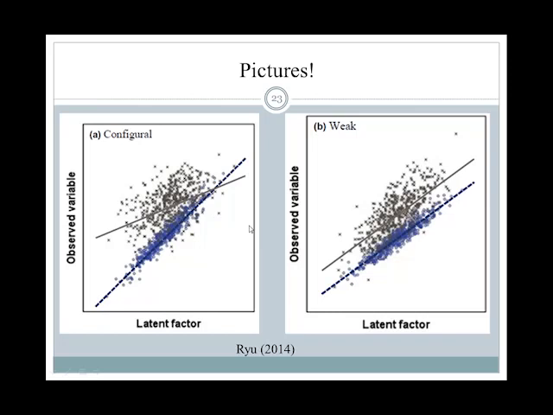So the term weak is here because people sometimes use the terms configural, weak, strong, and scalar, but I prefer the terms configural, metric, scalar, and strict because there's connotations with weak and strong that I think a lot of people stop their measurement invariance testing with the strong invariance model, but they really should continue on and test to the strict invariance model.